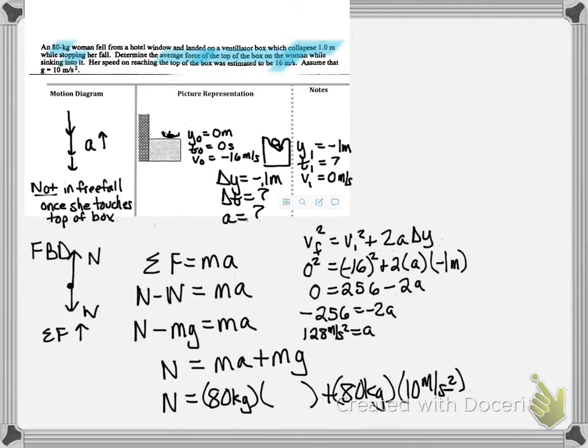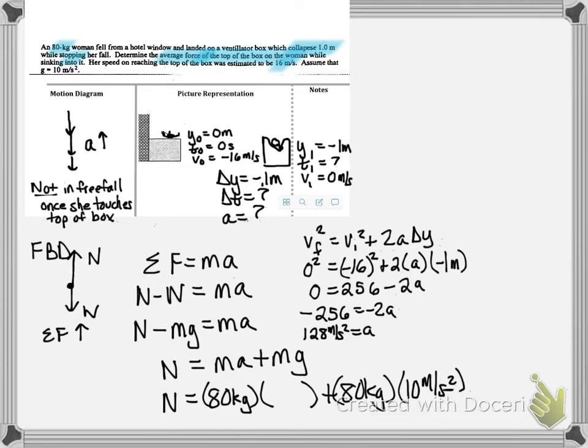0 squared equals, her initial velocity was -16, which then gets squared, so it's -16 in parentheses, plus 2 times a times what was her displacement? -1 meter. She moved 1 meter in the downward direction. 0 squared is 0, -16 quantity squared is 256, negative times a negative is a positive, so 256 minus 2a.